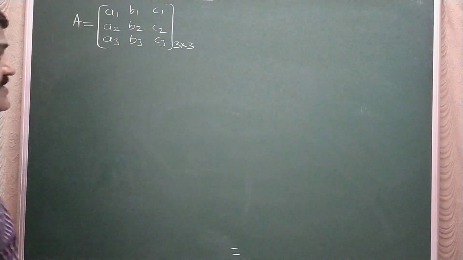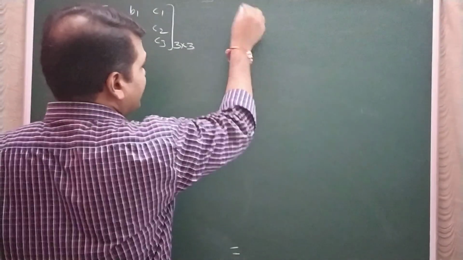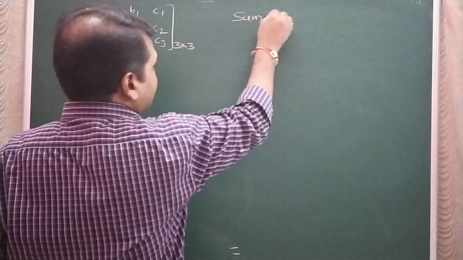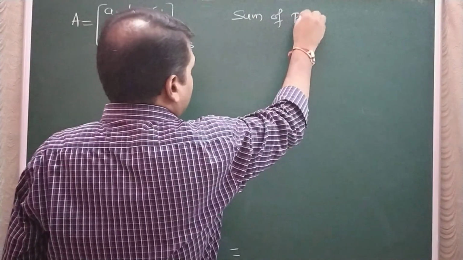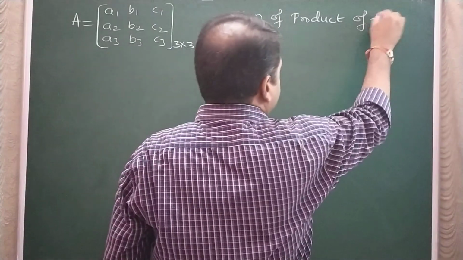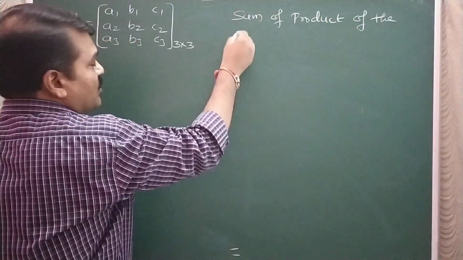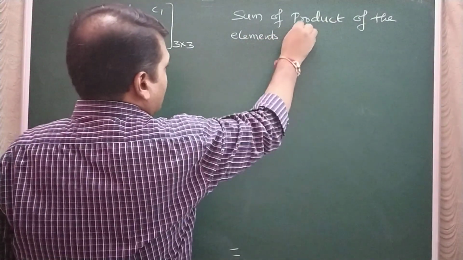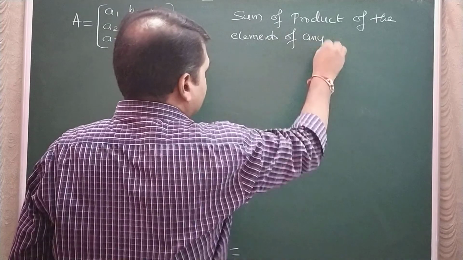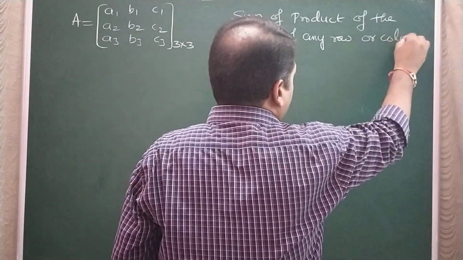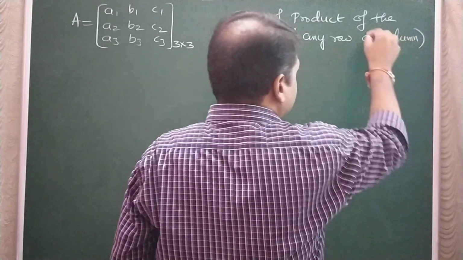So the definition of determinant is: the sum of the products of the elements of any row, or you can take column also, that I will write in bracket.